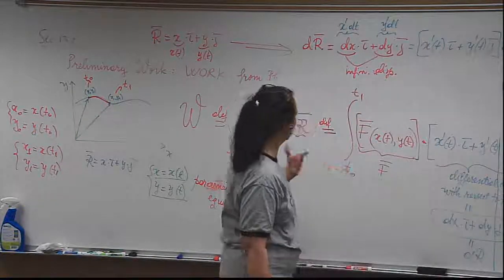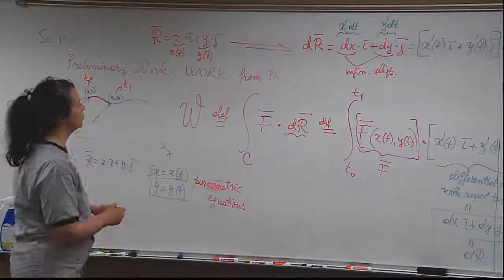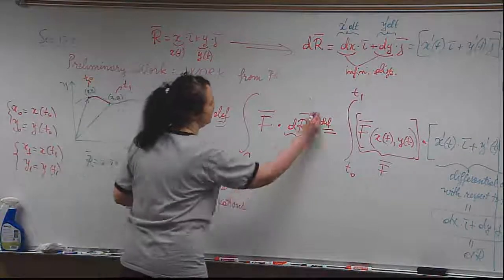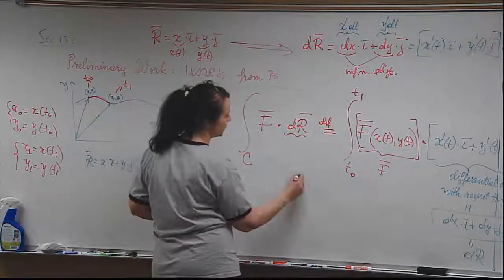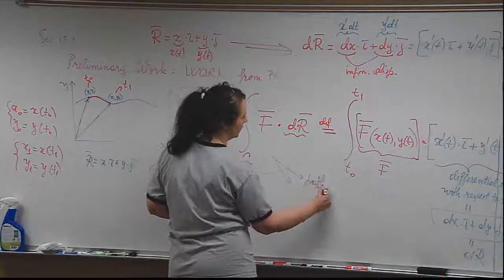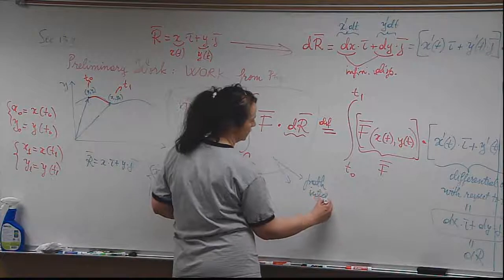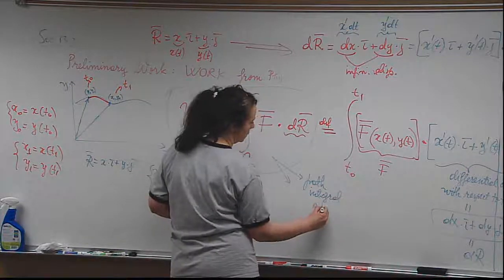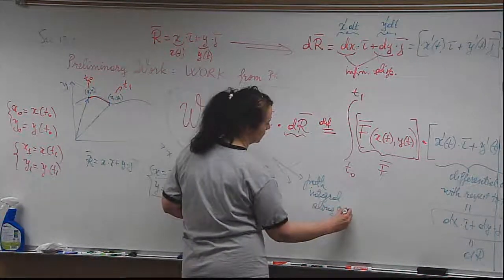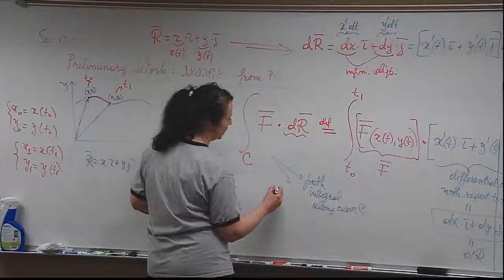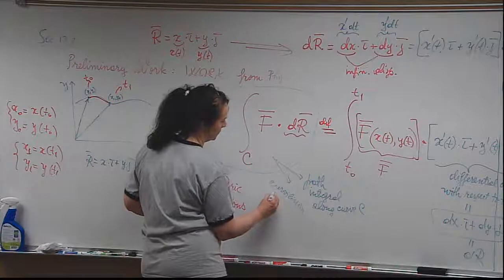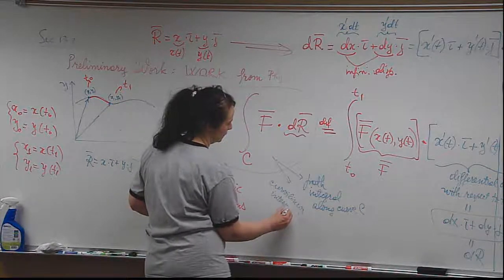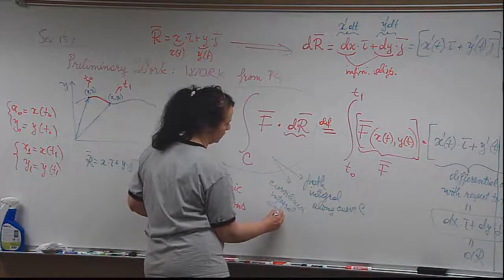So we are going to have to learn how to compute the work through this type of curvilinear integral. And this is called either path integral along the curve C, or curvilinear integral along C.